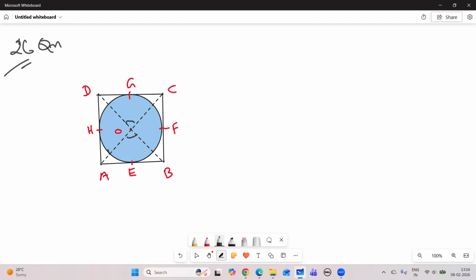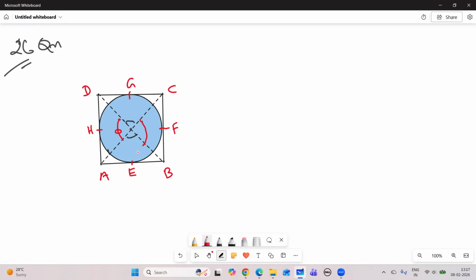Once we have shown that, we can as well show that this pair of opposite sides also subtends supplementary angles at the center. This side subtends this angle DOA at the center, and the opposite side BC subtends this angle at the center.